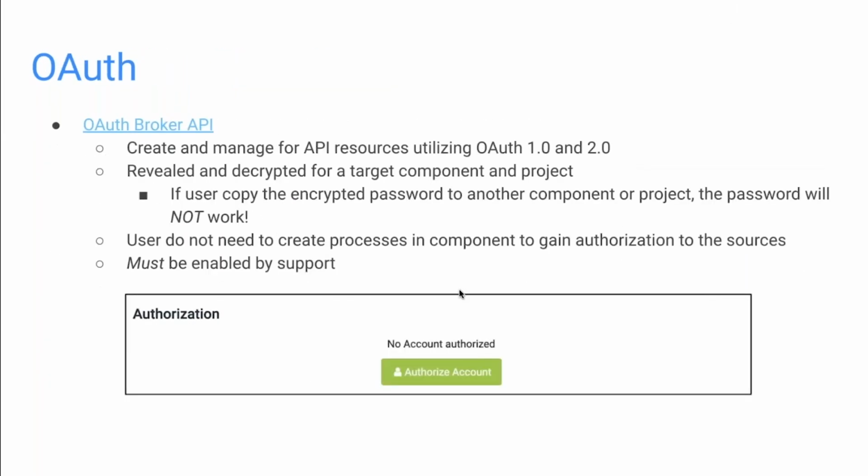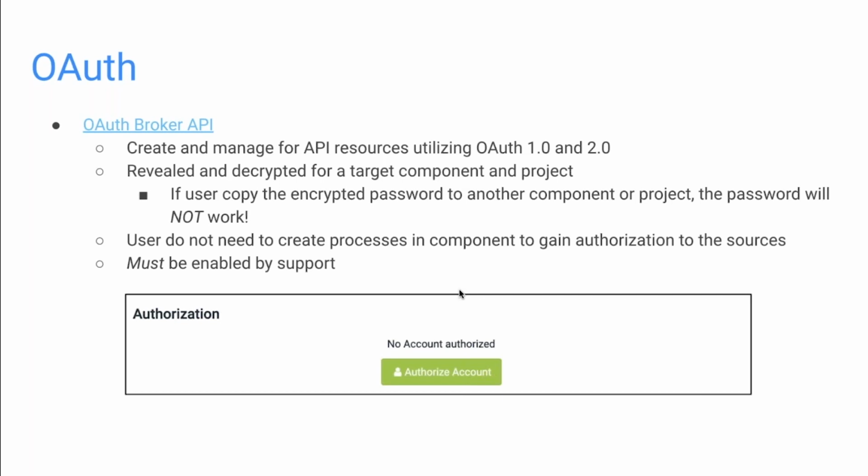Okay, OAuth. In Keboola, we have an API called OAuth Broker API. What it does is create and manage API resources utilizing OAuth 1 and 2. It encrypts and decrypts for a target component project.